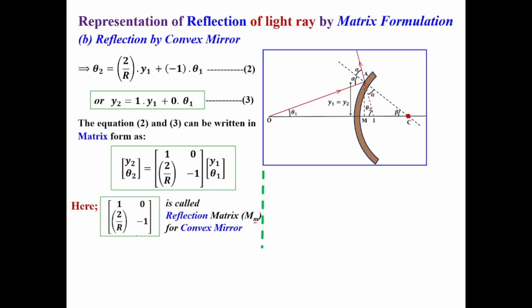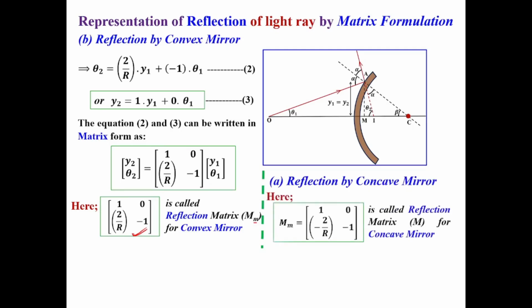For convex, the reflection matrix is this one. If I compare with the concave mirror we discussed just now, here 1 0 minus 2 by r minus 1, by comparing, this term is minus in the case of concave, otherwise other terms are the same.